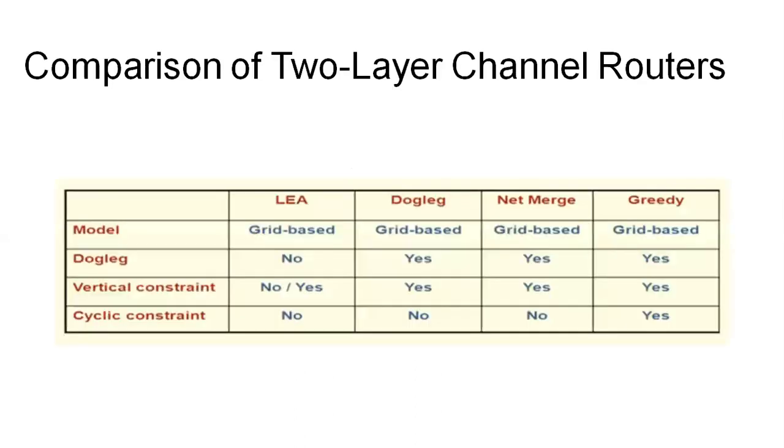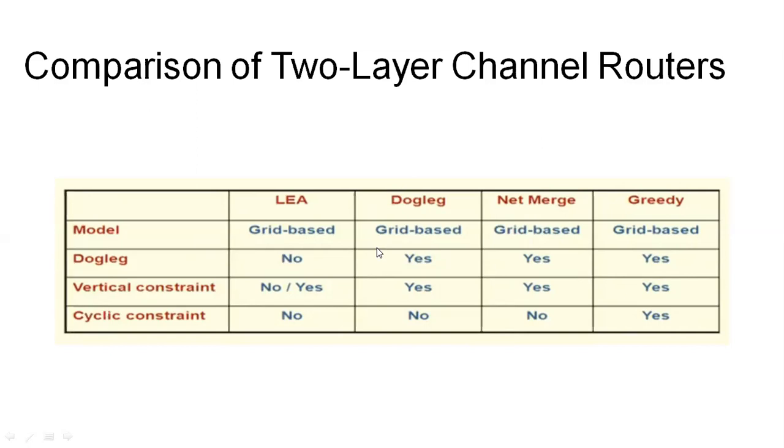So as I told you, first let us compare the channel routers that we have already seen. You have the left edge algorithm, the extension of the left edge algorithm, then the extension of the left edge algorithm with the dogleg. Then we discussed the net merge algorithm, then the greedy algorithm. All these are grid-based models.